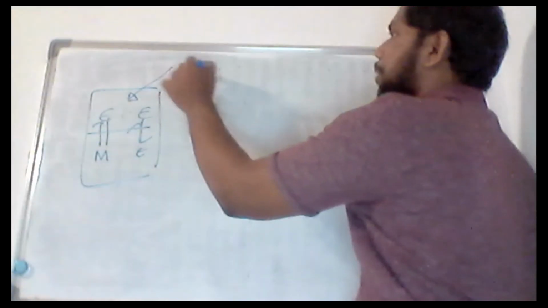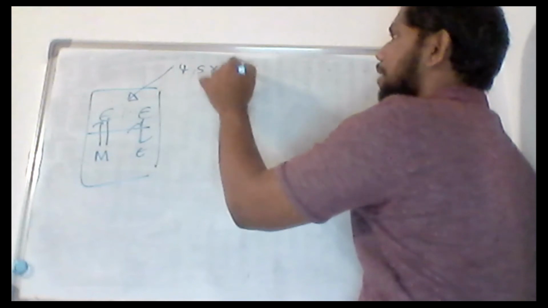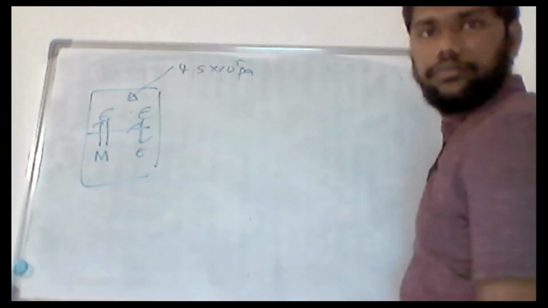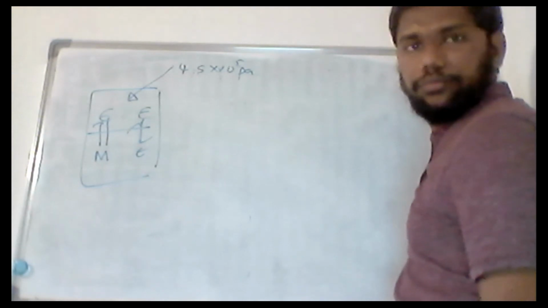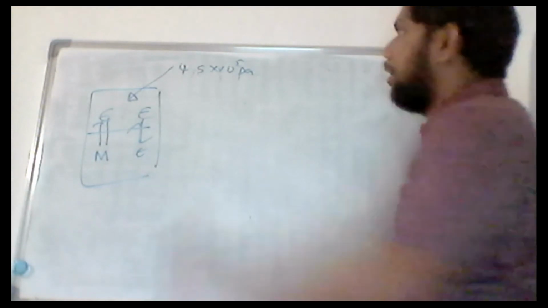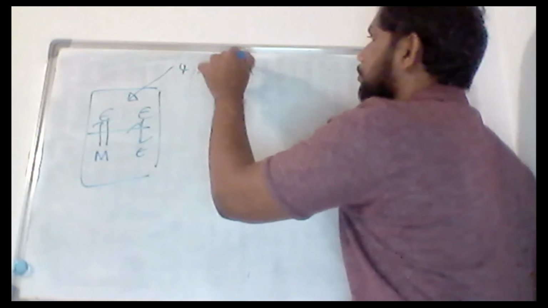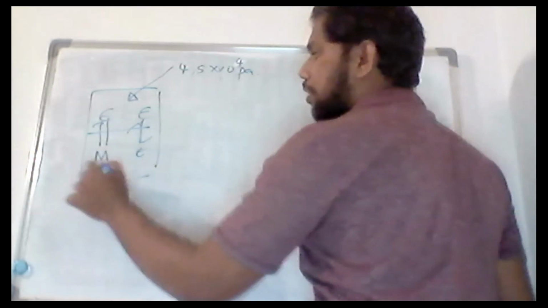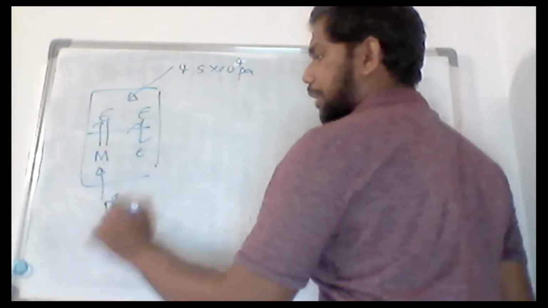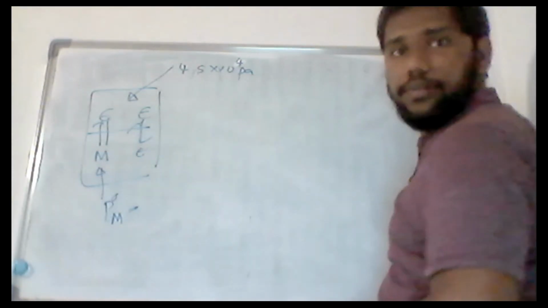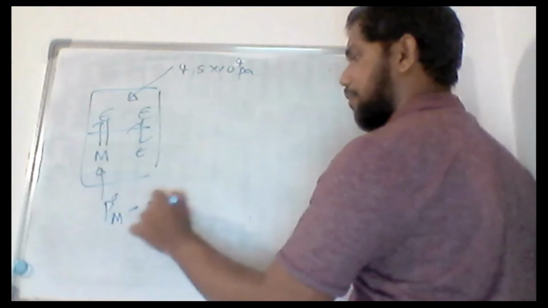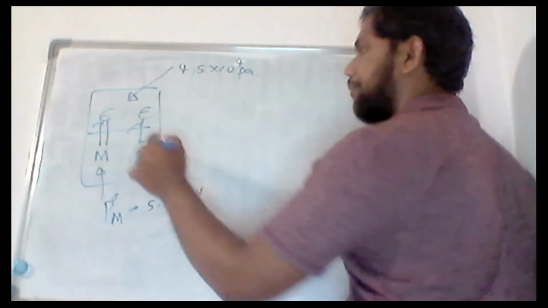So this is 4.5 into 10 to the power 4 Pascal. And for methanol, I will take P naught M, which is given as 5.5 into 10 to the power 4.